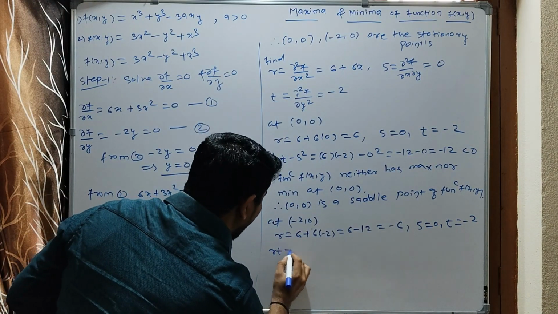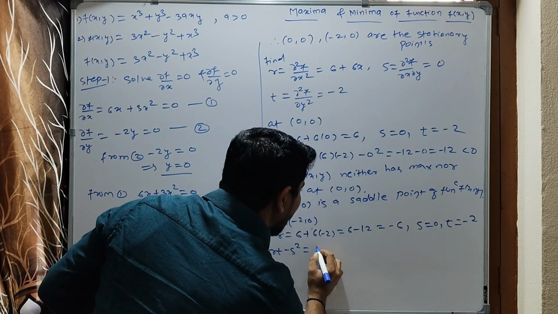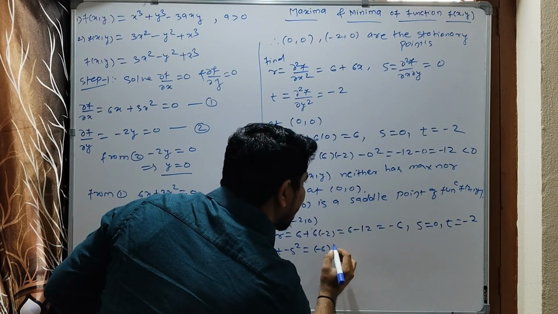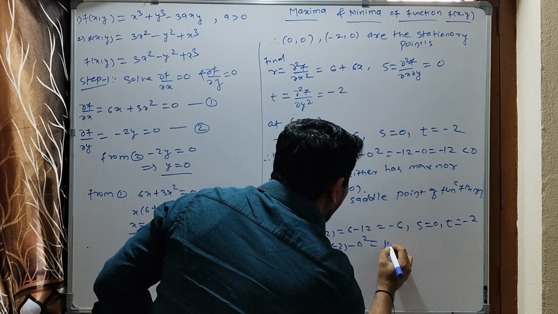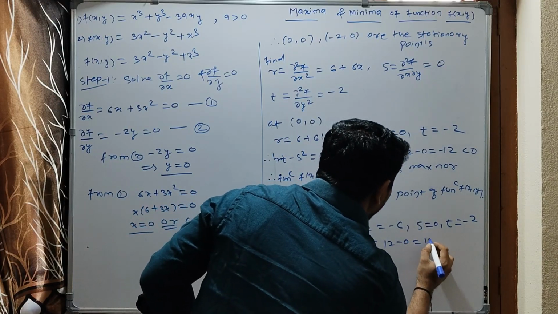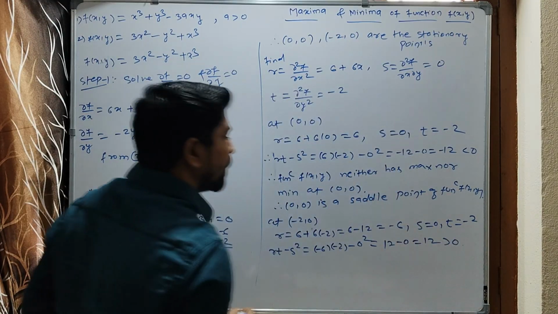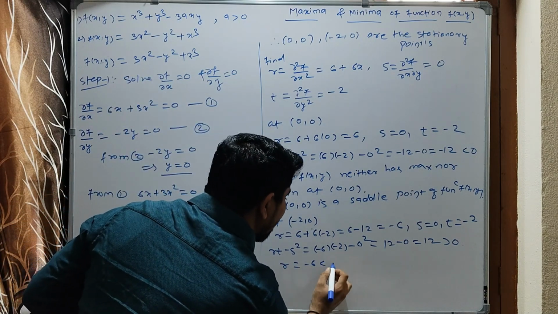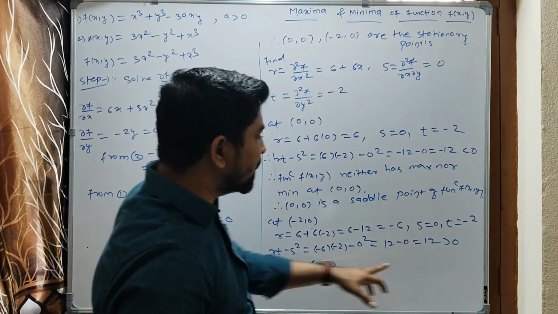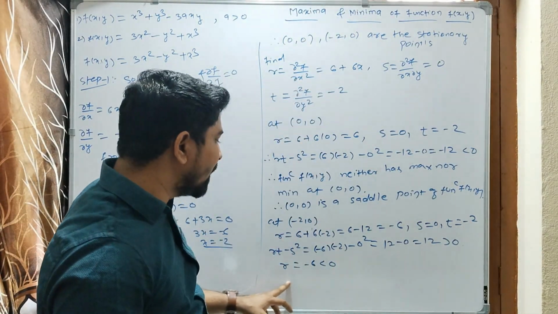Therefore rt minus s² equals minus 6 into minus 2 minus 0², which is equal to 12 minus 0, which is equal to 12, strictly greater than 0, and r equals minus 6, which is less than 0. Here rt minus s² is greater than 0 and r is less than 0.